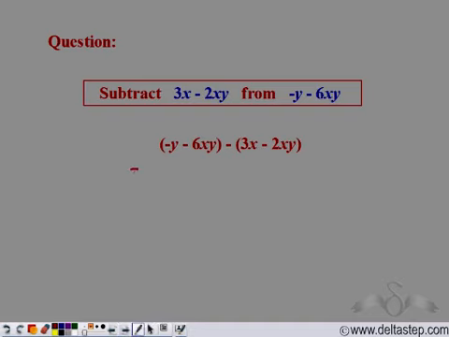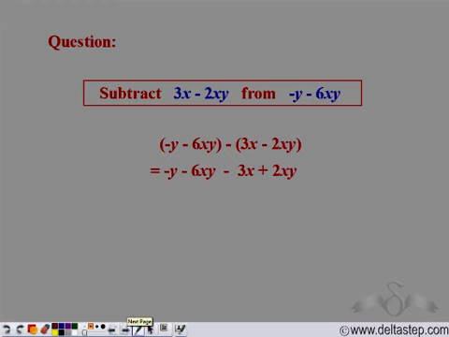Now let us open the brackets. We get minus y minus 6xy, minus into 3x gives minus 3x, minus into minus 2xy gives plus 2xy. So if we have a minus sign and we open the bracket, we need to change the sign. So plus 3x becomes minus 3x, minus 2xy becomes plus 2xy.